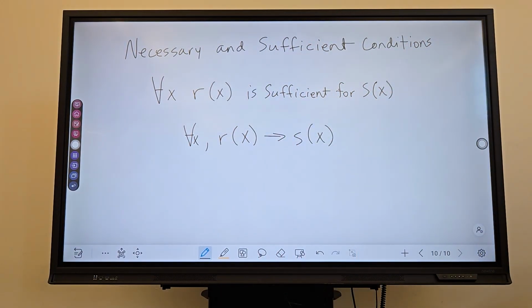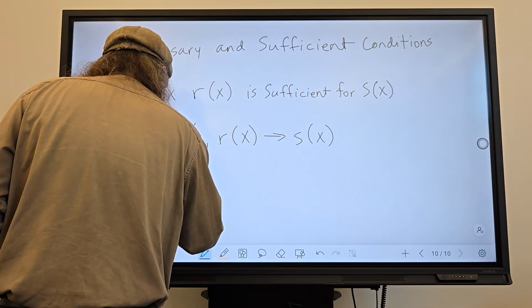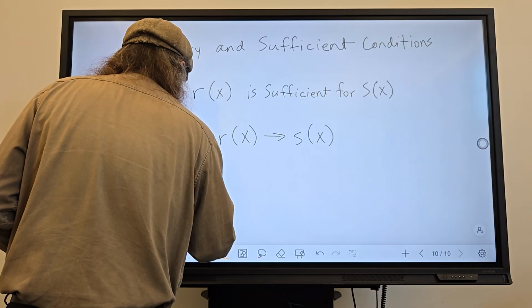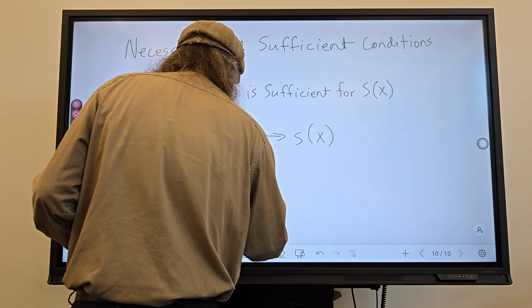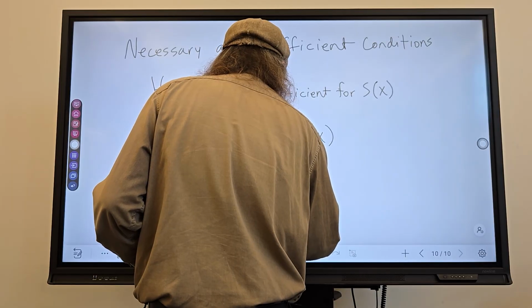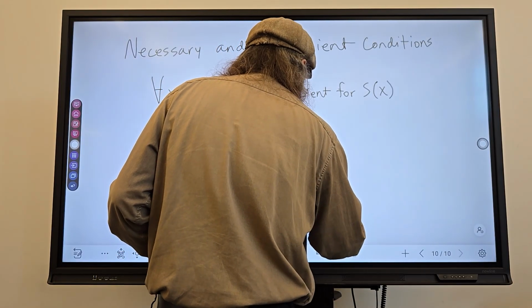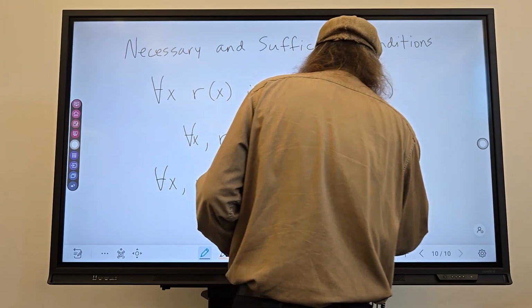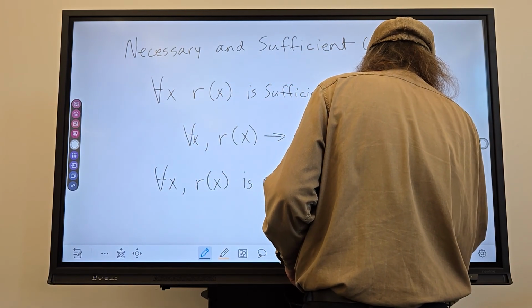A necessary condition: for all x, R of x is a necessary condition for S of x.